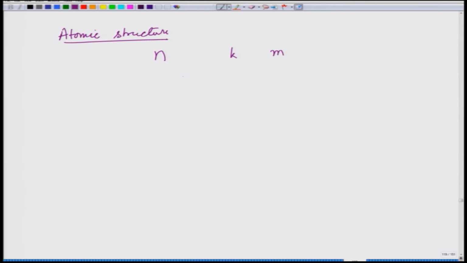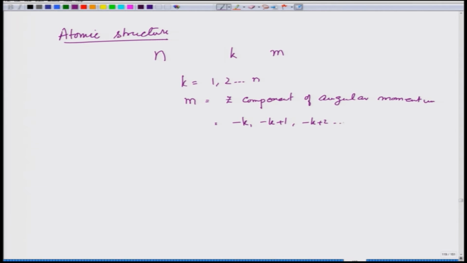K is 1, 2 and up to n, and more important m, which represents the z component of angular momentum, is equal to minus k plus 1, minus k plus 2, all the way up to 0, 1, 2, all the way up to k, 2k plus 1 values. And keep in mind, this will always be an odd number.